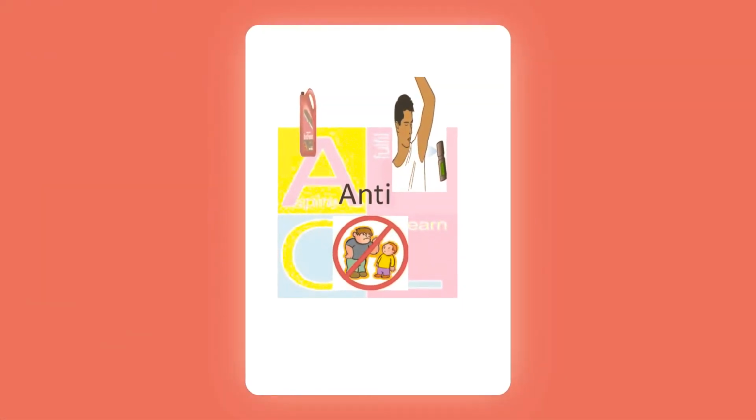Remember memory joggers, we need to look at how you are going to remember that prefix. So you might create some cards like this one, which uses the prefix in the middle, anti, and perhaps just has pictures around it. I've just chosen 3 to remind me what anti means. Antiperspirant, so anti is going to be against what's happening, so if I perspire or sweat, then antiperspirant is going to stop me doing that.